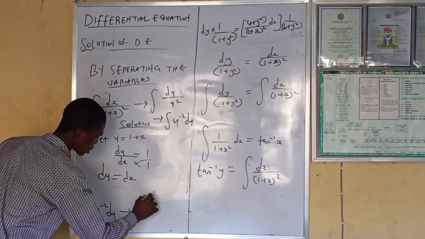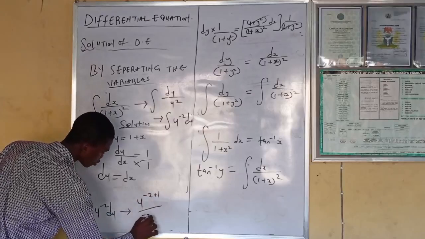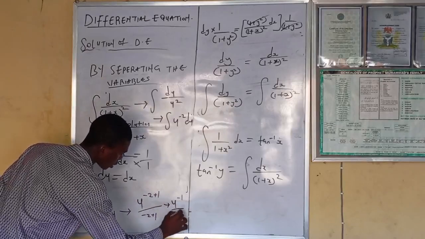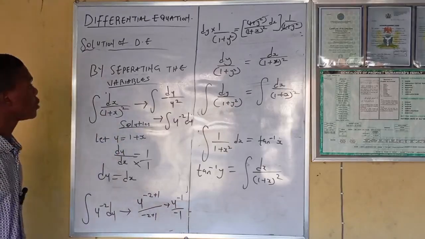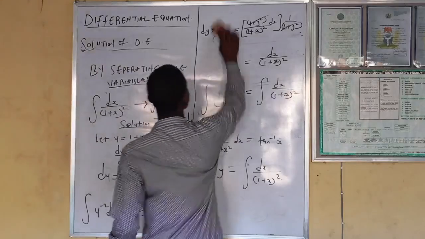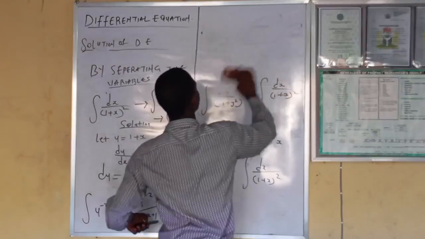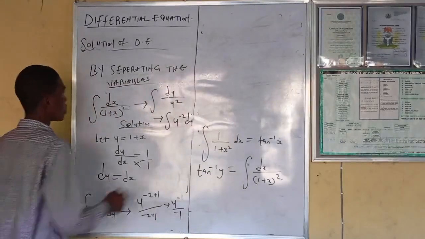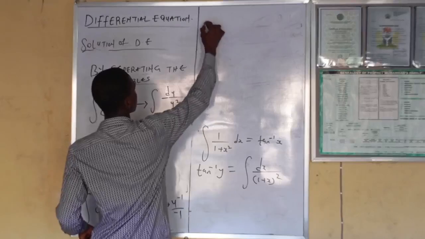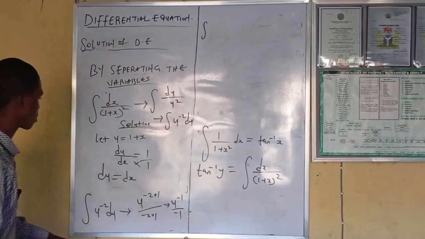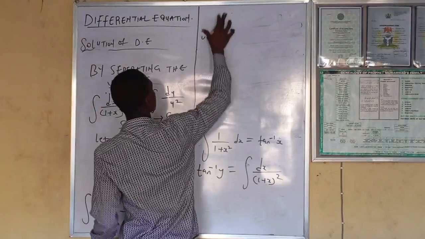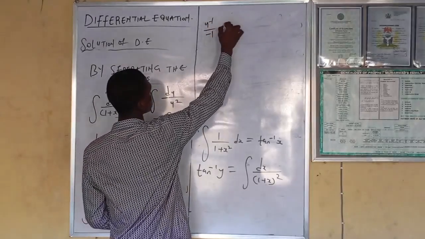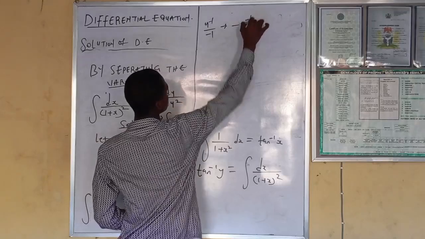So this is u to the minus 1 over minus 1. Okay? From u raised to the power of minus 1 divided by minus 1 simply means minus this.